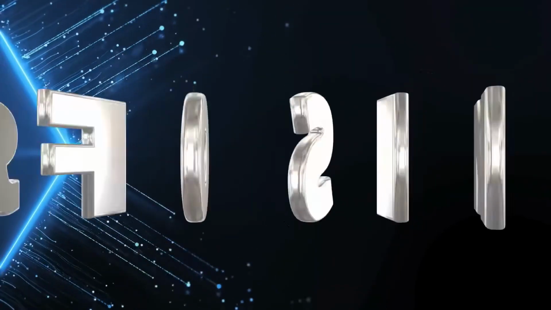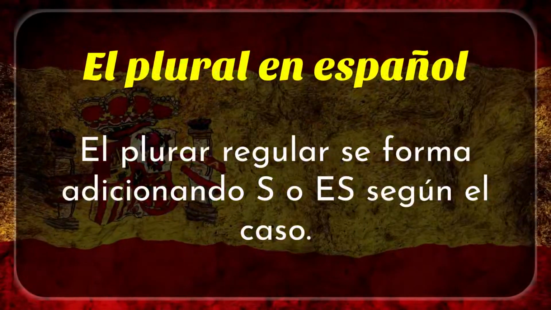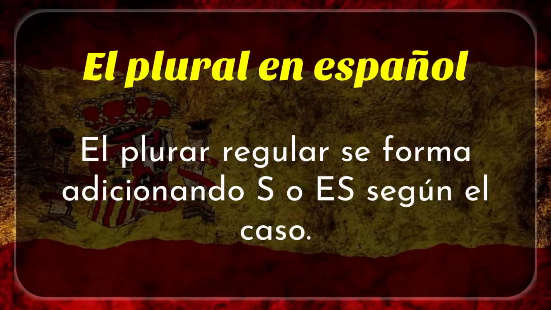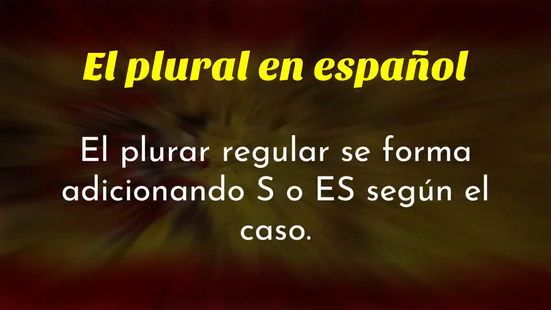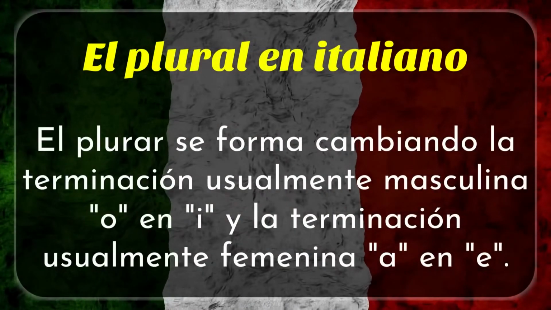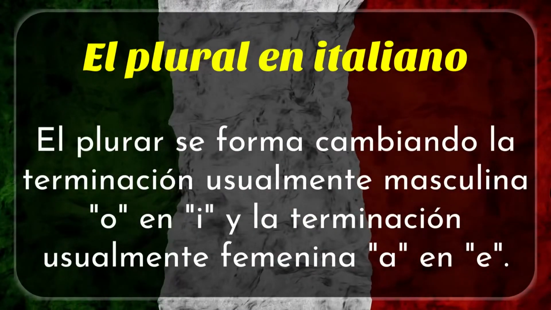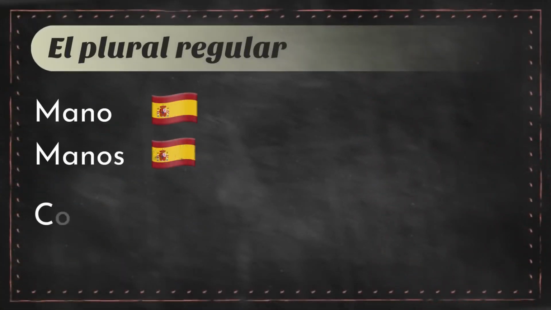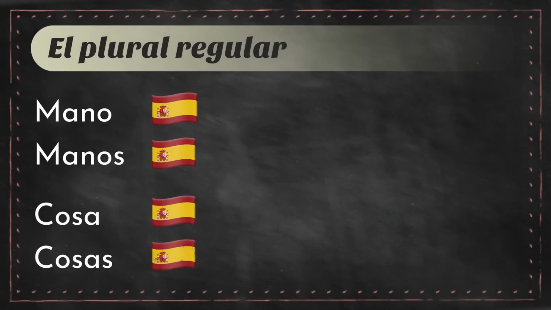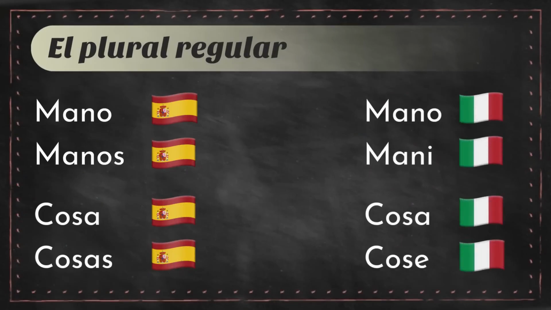At the morphosyntactic level, first we'll talk about the plural. In Spanish, the regular plural is formed by adding S or ES, depending on the case. In Italian, it's formed by changing the ending, usually masculine O to I, and the ending, usually feminine, A to E: mano, manos, cosa, cosas, mano, mani, cosa, cose.